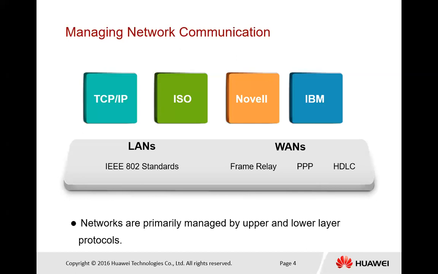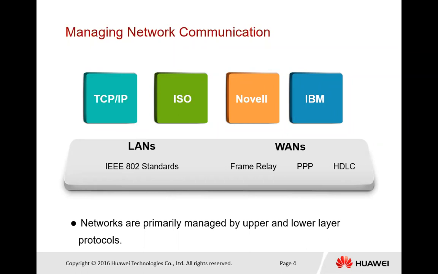But for the internet, they use TCP. If they want to communicate with other networks, they will use TCP/IP. SNA stands for System Network Architecture. So Novell and IBM are proprietary models, OSI is just a reference model, and TCP/IP is the actual working model.